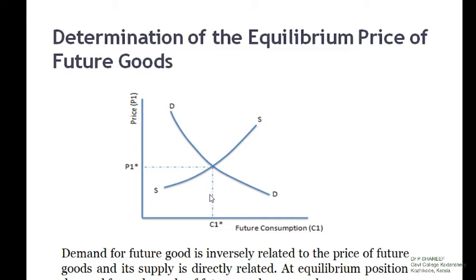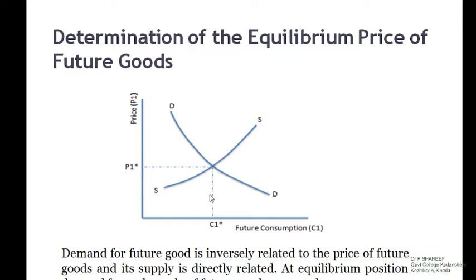The determination of equilibrium price of future good can be shown graphically. In the graph, the demand curve and supply curve, that is demand for future goods and supply of future goods, are given. The demand for future good is inversely related to the price of future good, and the supply of future good is directly related with the price of future good.